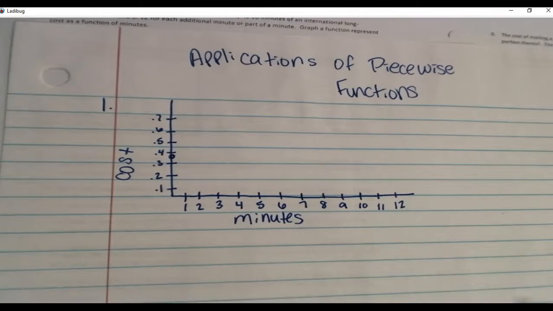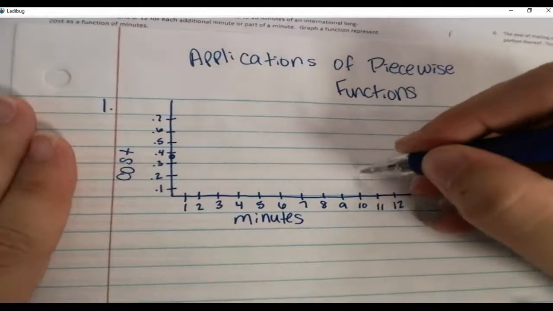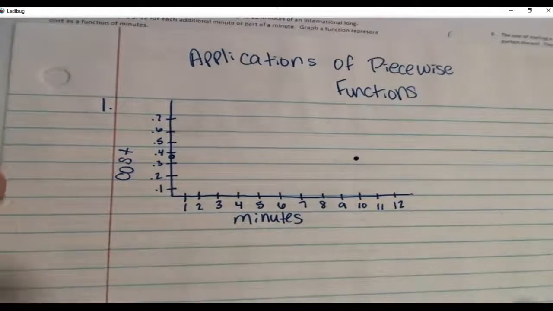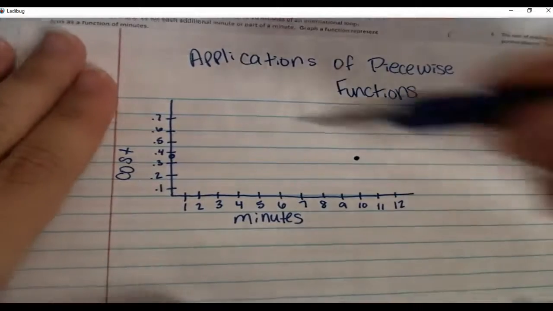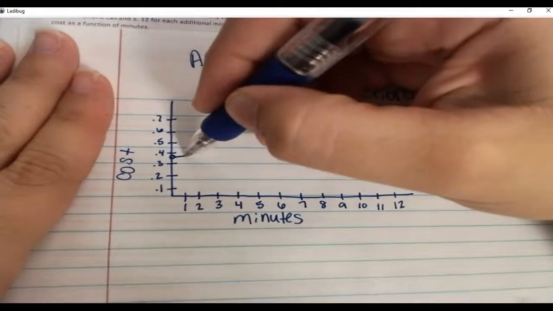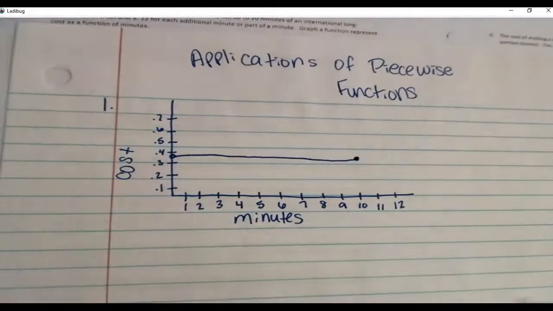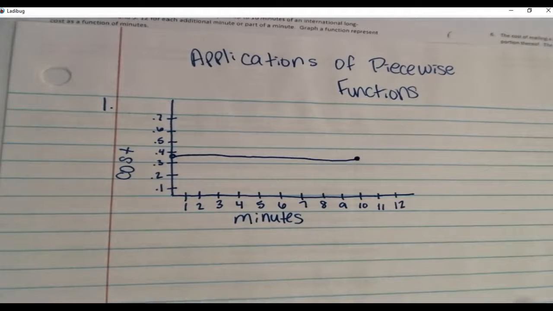But it's 39 cents if you say 1 second all the way to 10 minutes. So 10 minutes is our other circle, and it's closed because it includes 10 minutes. No matter how long we talk here, it's 39 cents. Questions on that?